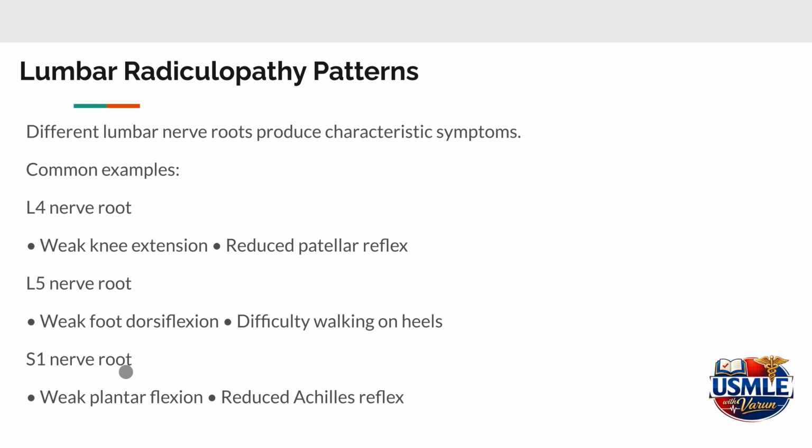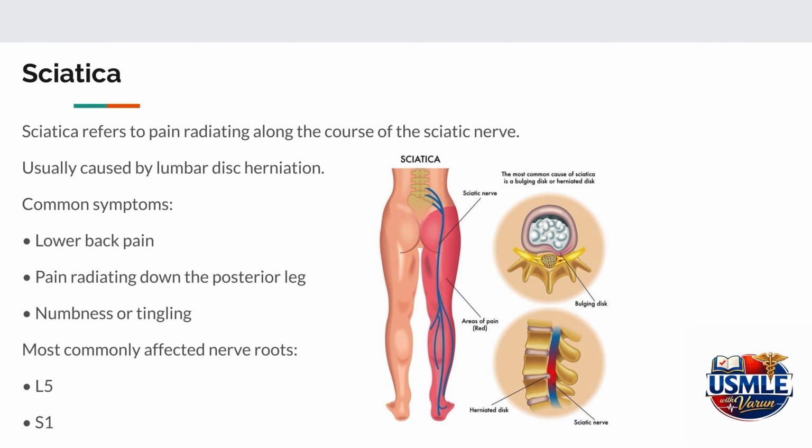Compression of the S1 nerve root produces weakness of plantar flexion and reduced Achilles reflex. Recognizing these patterns: L4, weak knee extension, reduced patellar reflex. L5, weak foot dorsiflexion, difficulty walking on heels. S1 nerve root, weak plantar flexion, and reduced Achilles reflex. So, recognizing those patterns helps us localize the level of nerve root compression.